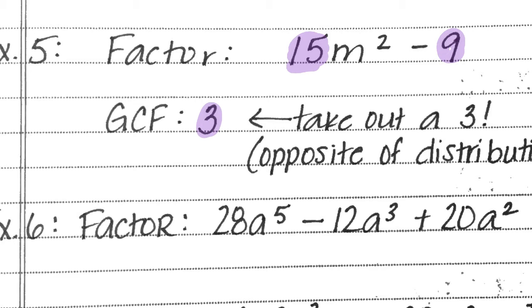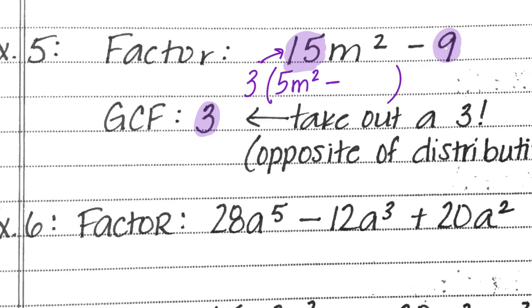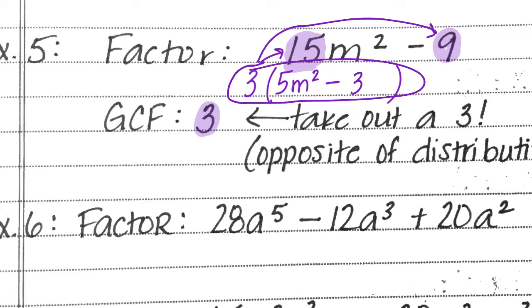So all I can do is take out that 3 and write the binomial that I have left over. Well, if I take 3 out of 15, I have 5, and the m squared just stands alone, and 3 out of 9. So this will be the answer, 3 times 5m squared minus 3.